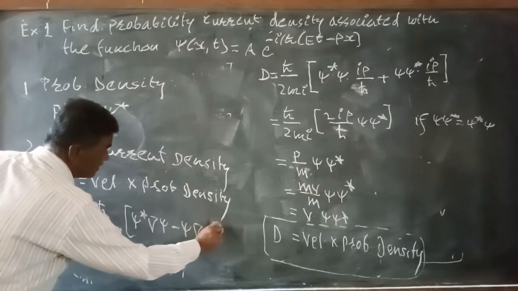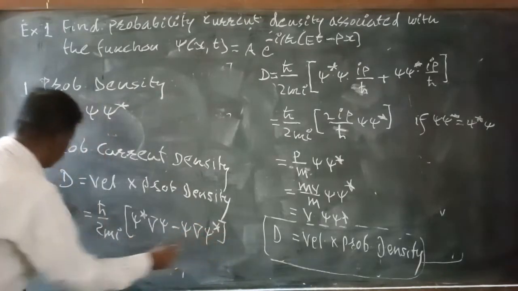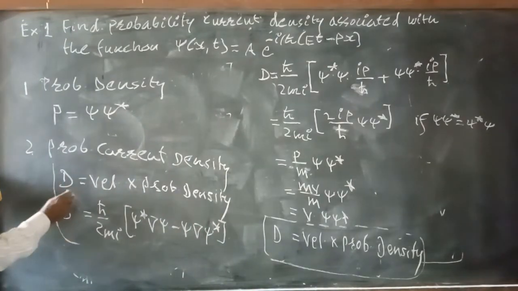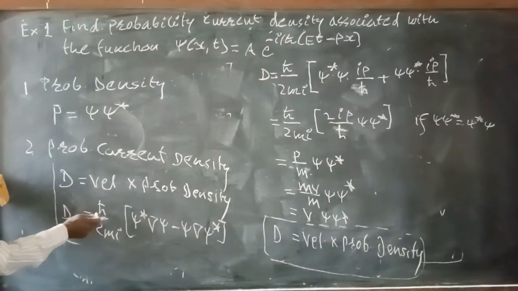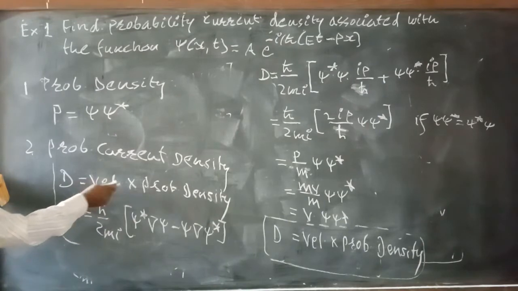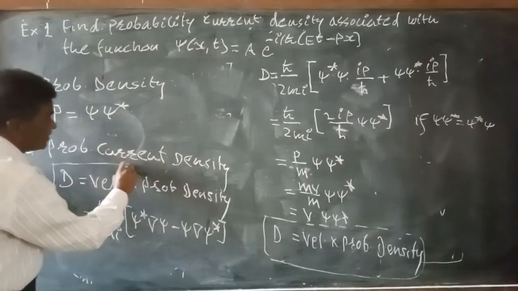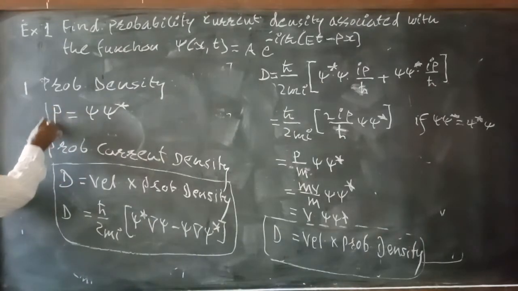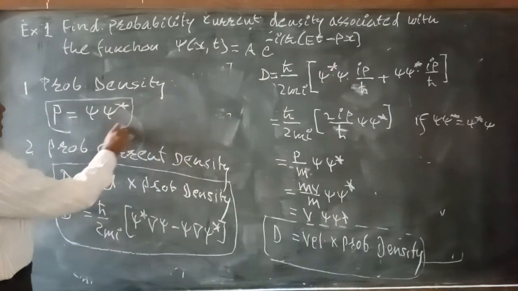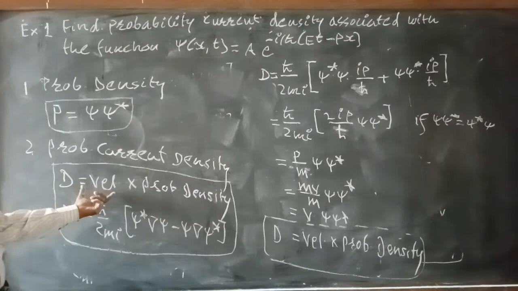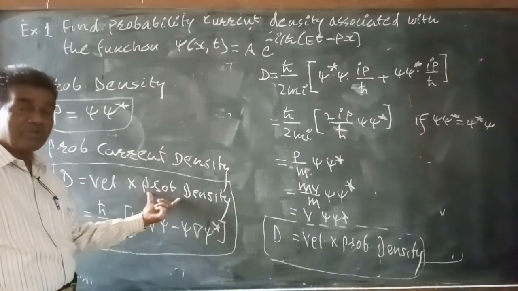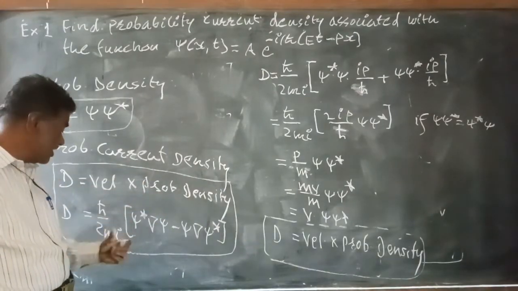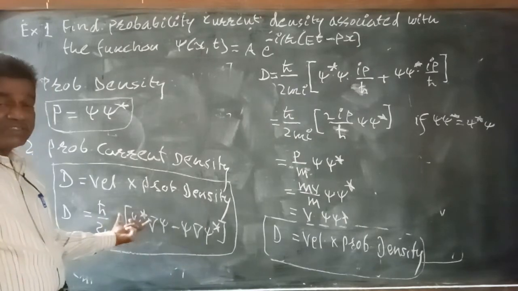So we can define the two quantities in this way. The probability current density is equivalent to velocity into probability density. From this example we know another meaning of the probability current density, and it can be defined as the product of the velocity of the particle and the probability density, that is psi into psi star. And this is the general expression.